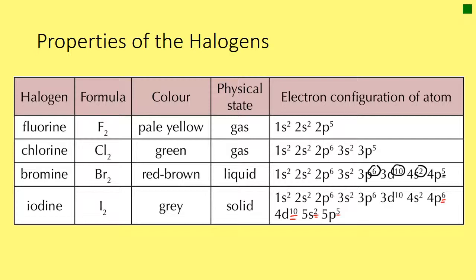And then in the third shell, we've got 3s2, which is full, but 3p5, which is 1 short, because there's 3 p orbitals, each have 2 electrons, you remember. So the p orbitals want 6, and so the p orbitals are 1 short there, which makes the whole third shell one short.